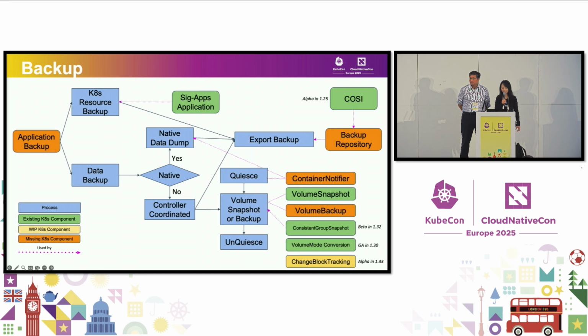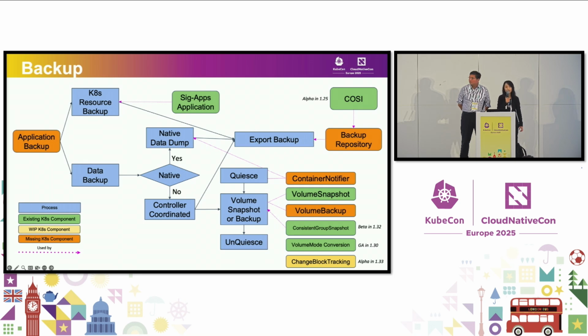We have volume mode conversion that is targeting GA in the 1.30 release. And this basically prevents unauthorized volume mode conversion between file system and block mode when you create a PVC from a volume snapshot.